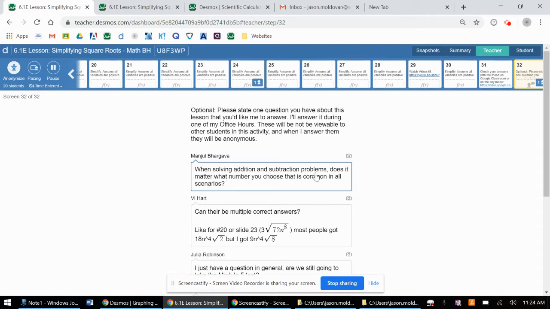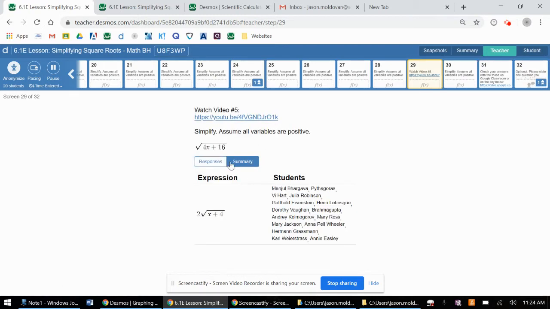When solving addition and subtraction problems, does it matter what number you choose that is common in all scenarios? So I'm assuming this question was about these questions. When you're doing an addition problem, it is best to factor out the greatest common factor, which for 4 and 16 is 4.